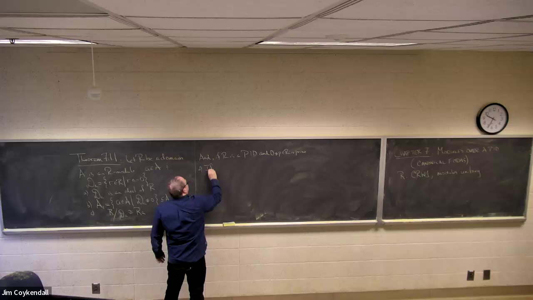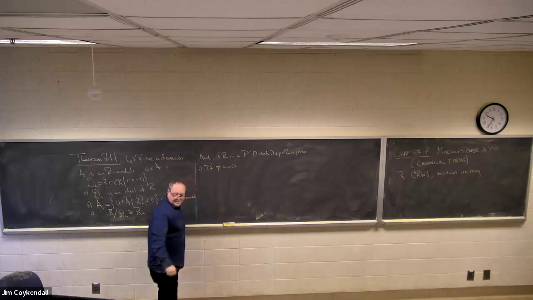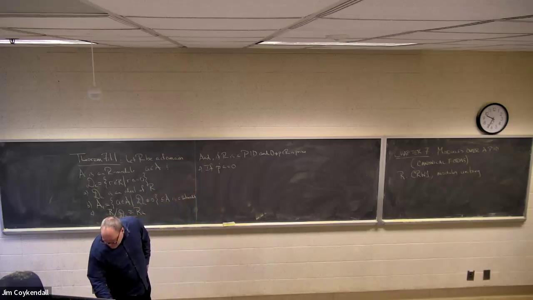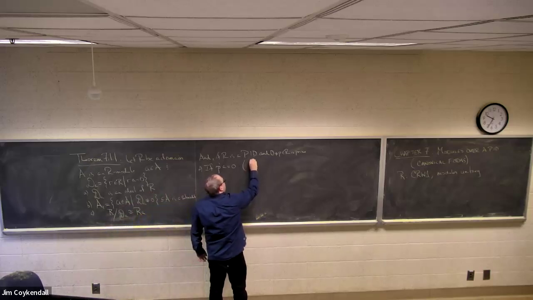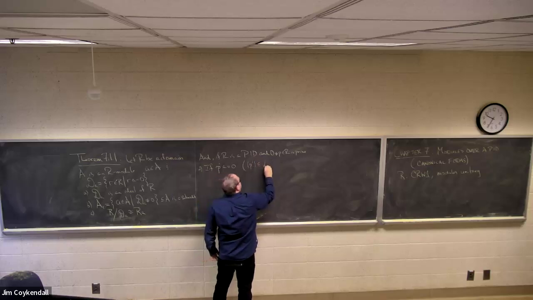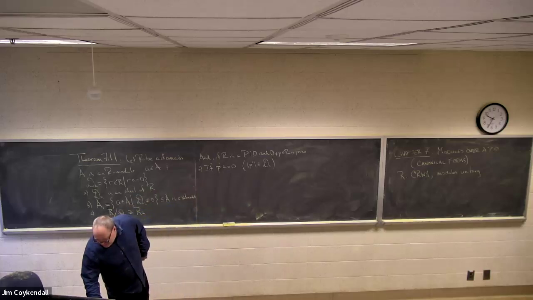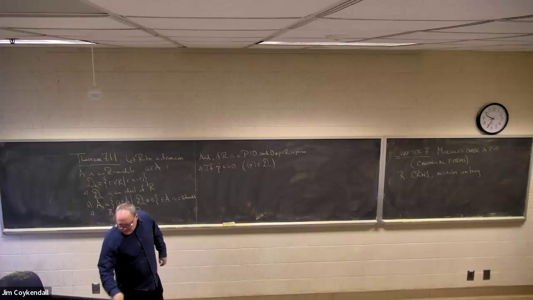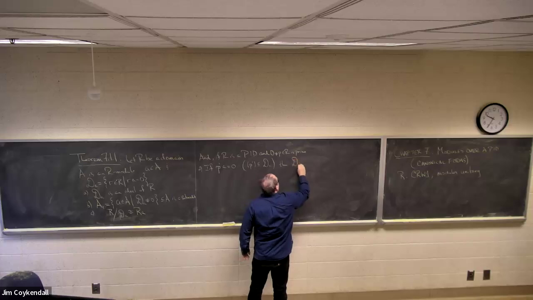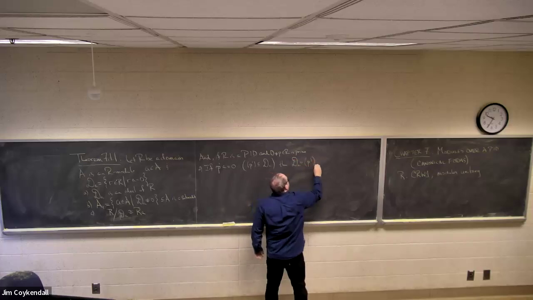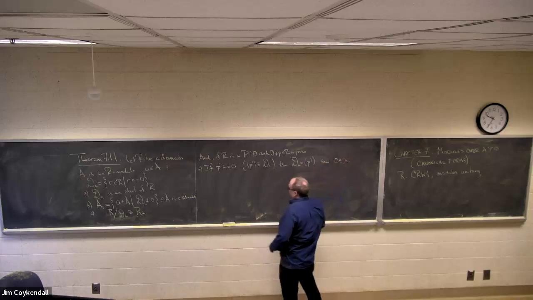Part (d): if p to the i times a is equal to zero, that is to say the ideal (p^i) is contained in the annihilator of a, then the annihilator of a is actually equal to (p^j) for some j between 0 and i.